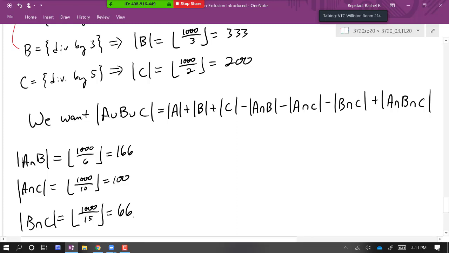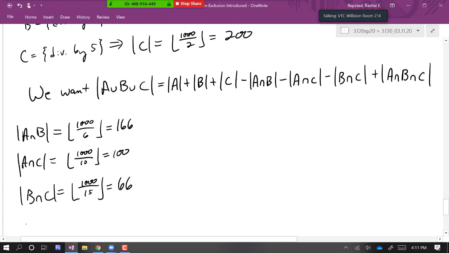That gives us 66. One last thing we need to find is the intersection of all three, A intersect B intersect C. Divisible by 2, 3, and 5 means divisible by 30. We get 33.